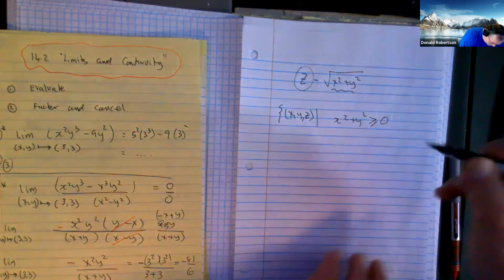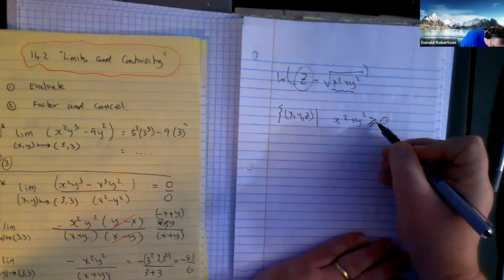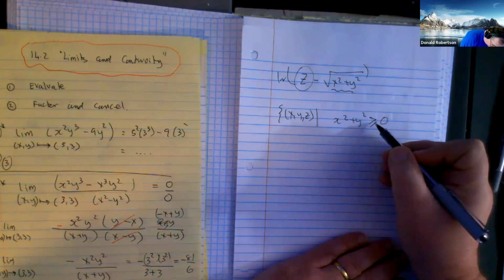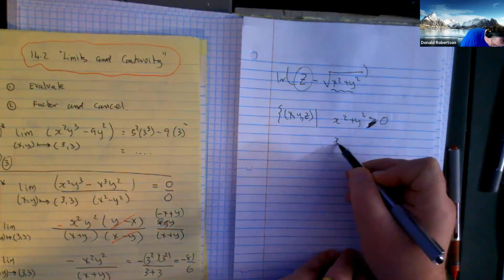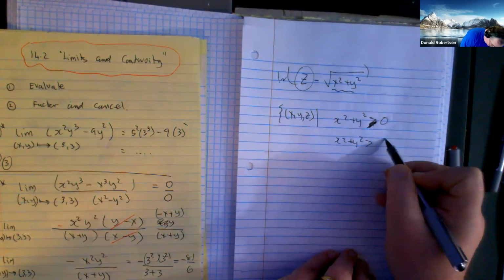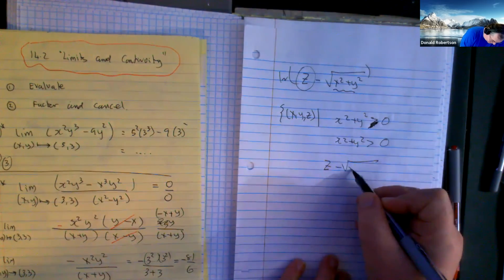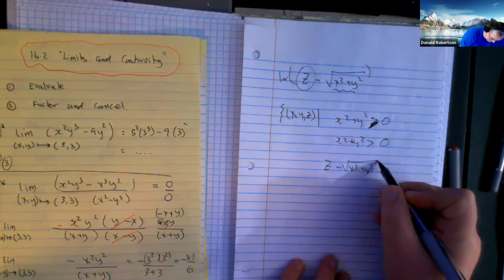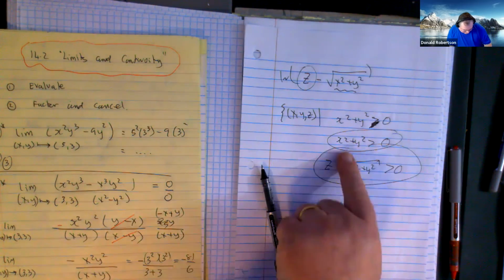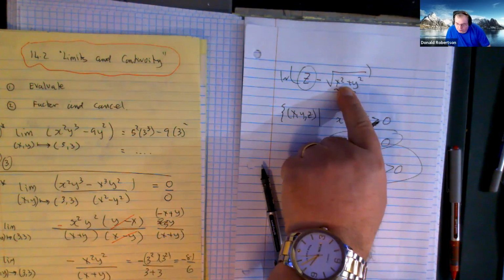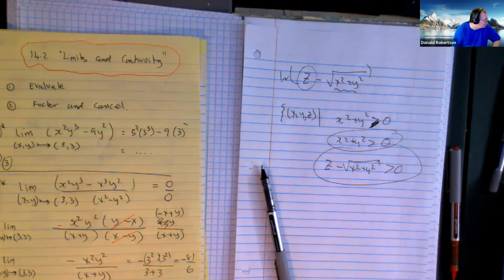Oh, then because there is a log in front of it, well then that is a little bit tricky, because I need this guy to be greater than 0, but I also need this guy to be greater than 0. So I need two things to be true. This has to be greater than 0 to make the square root work, and the whole package has to be greater than 0 to make the log work.